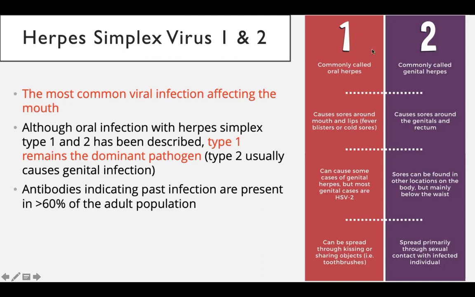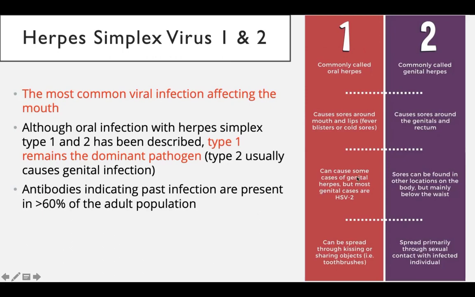There's a difference between type 1 HSV and type 2. Type 1 is commonly called oral herpes. Type 2 is commonly called genital herpes. Type 1 causes sores around the mouth and lips, fever, blisters, and cold sores. Type 2 causes sores around the genital area and rectum.